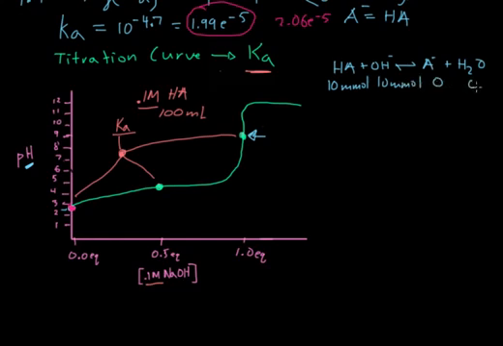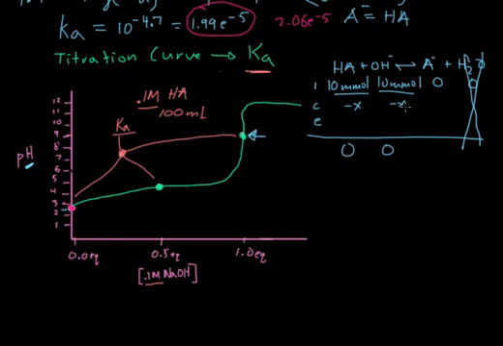Zero products. And when we do our stoichiometry, we know that these are both going to react completely, right? So the final amounts for our reactants are going to be 0. As always, water doesn't matter. This is minus x, plus x. So what we have at equilibrium is purely A minus, and it's going to be 10 millimoles.